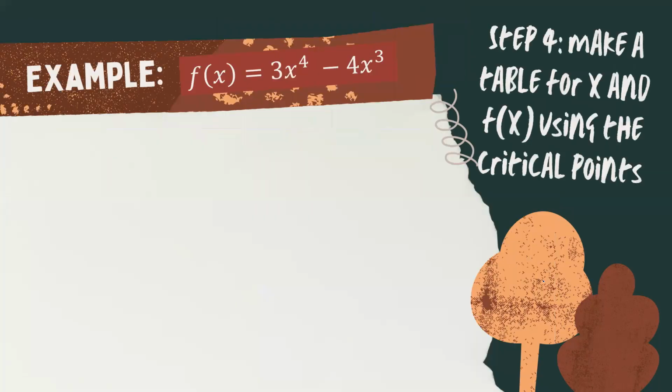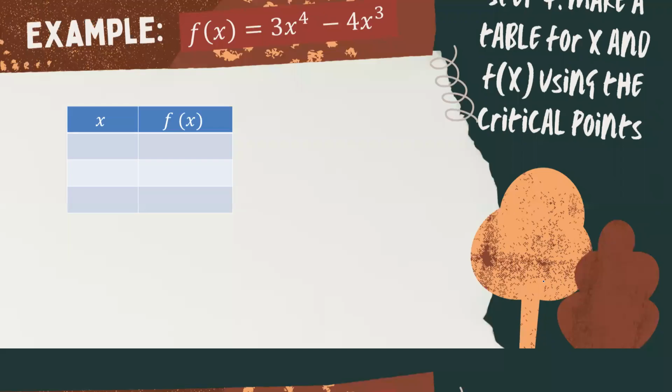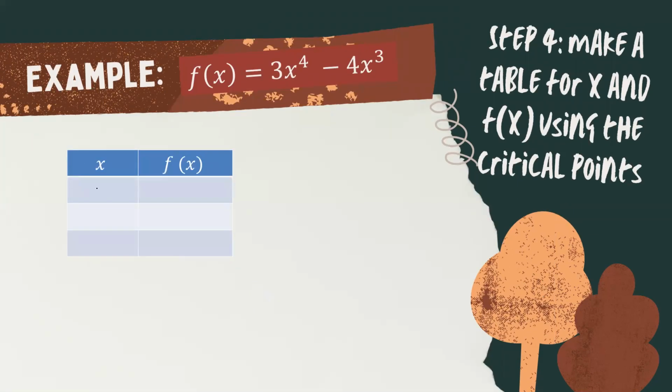Okay, so ang step 4 natin is make a table for x and f of x using the critical points. So, ano yung critical points natin? Si 0, si 2/3, tsaka si 1, no? So, at x equals 0, this is obviously 0. Pag x equals 1, that will be 3 minus 4, so it's negative 1. When x is equal to 2/3, that will be 3 times 2 to the 4th over 3 to the 4th, minus 4 times 2/3 raised to the 3rd power, which is 8/27.